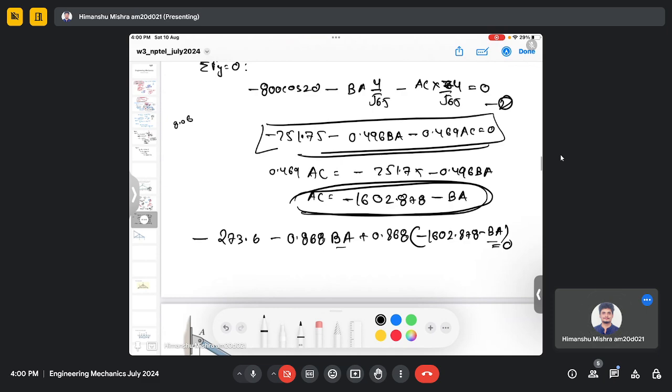So we have one unknown, BA. So it will be minus 1390.53 minus 0.868 BA equal to 0.